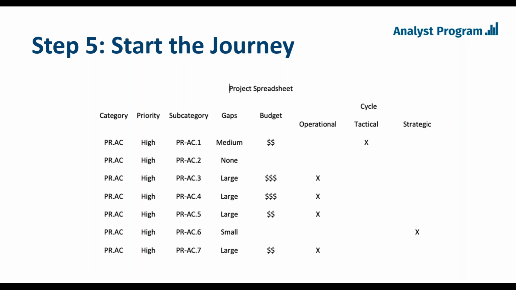And you can say, my gaps are large or medium or small. Everything's high priority, but now you can start to prioritize within that high priority area of, let's say, access control. So you can pinpoint what you want to put your efforts, resources, and budget on short term.